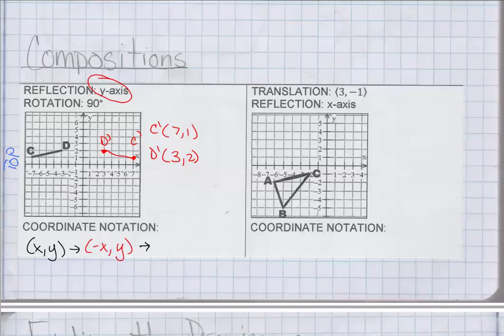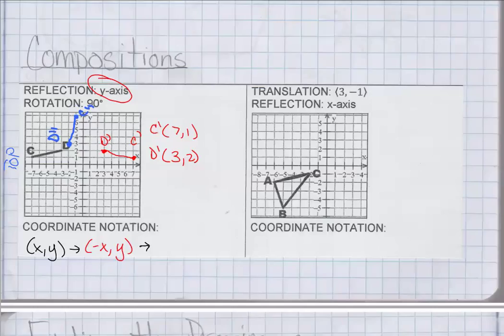Again, I cannot physically turn my screen to show you, but that's how you would plot it. If this is the top, then you would go right 7 and up 1, and that would be your C double prime. And then you would go right 3 and up 2, and that would be your D double prime.